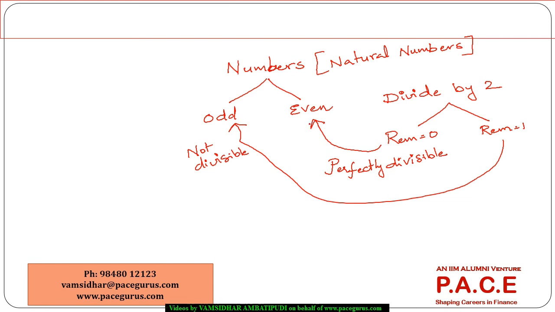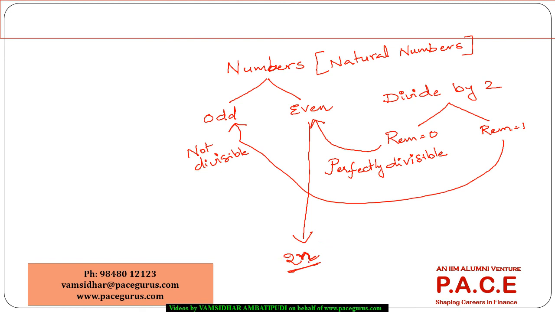So, if I am talking about some number n, any even number can be represented as 2n, which means I multiply it by 2, and it will definitely be an even number because 2n is perfectly divisible by 2. 2 times n is always divisible by 2.